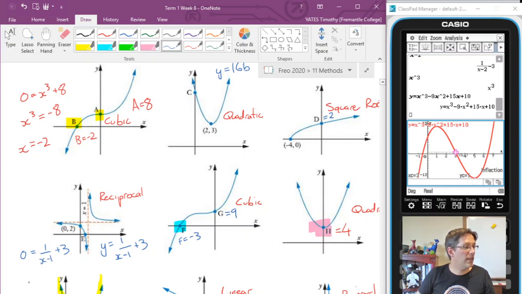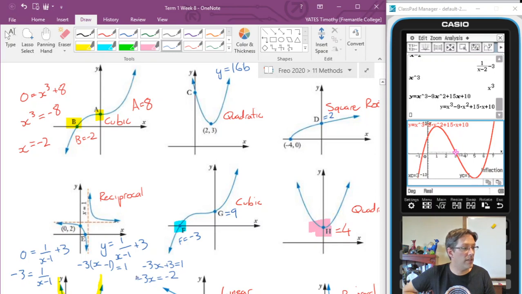So basically negative 3, does that sound right? Let's see if we can solve this one. I multiply that across: negative 3 times x take 1 equals 1, negative 3x plus 3 equals 1, take 3 off that one, negative 3x equals negative 2.